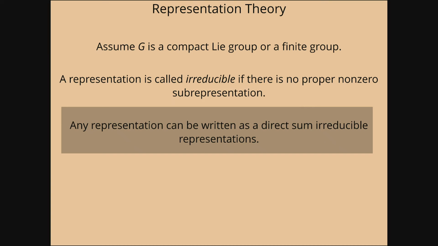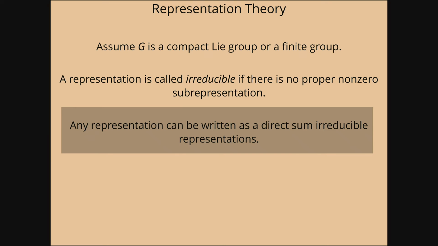So a natural question is: from a representation, can I find all the sub-representations of that representation? In the same way as for groups, where there are some groups that don't have any other subgroup than themselves and the identity, there are representations that don't have any proper non-zero sub-representation.